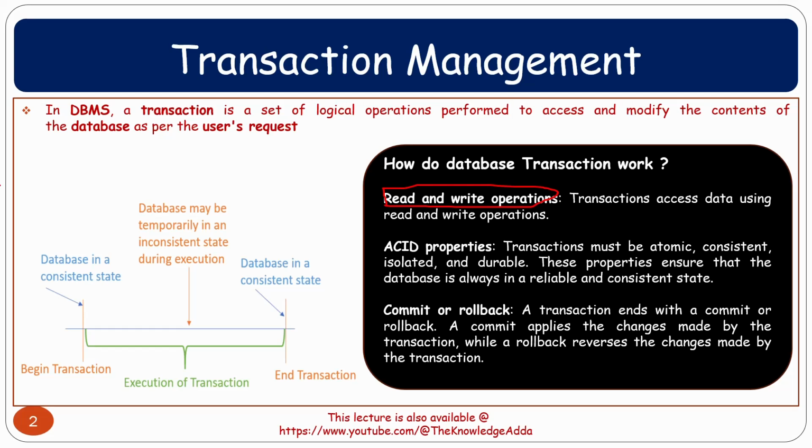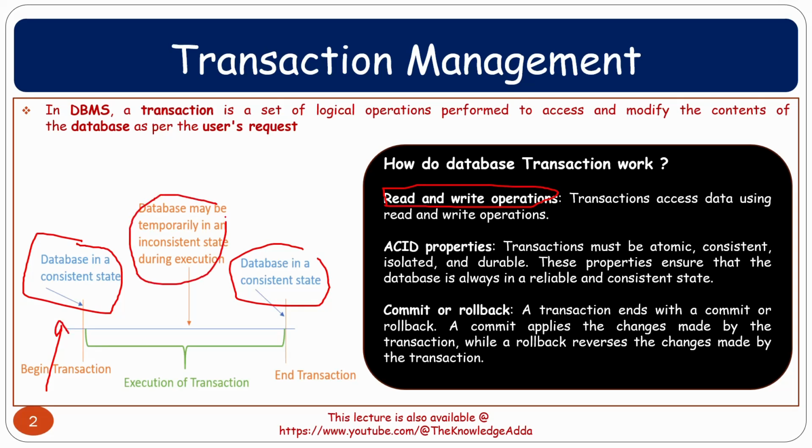Also in this picture you can see that before any transaction your database is in a consistent state, and then your transaction begins. Temporarily your data may be in an inconsistent state, and after the end of the transaction, after completion, your data will be in a consistent state.